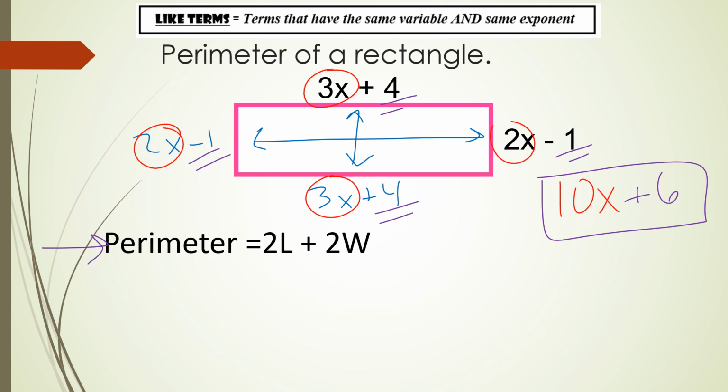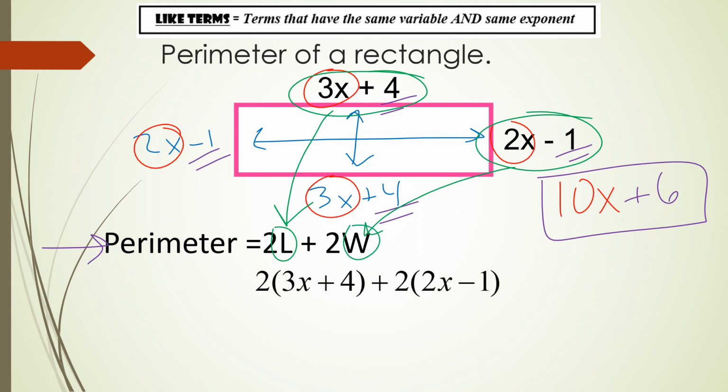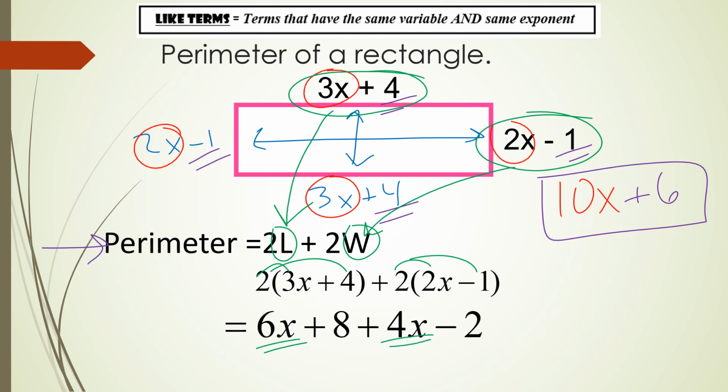So if I have two expressions, right, so originally we had 3x plus 4 and 2x minus 1, well, I could take and I could plug those, I could substitute those in for the L and the W, and then I have an expression that I could then simplify, right? So distribute, and then combine like terms. Okay, so same answer, just a different method or technique, right?